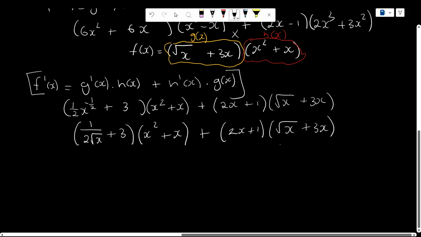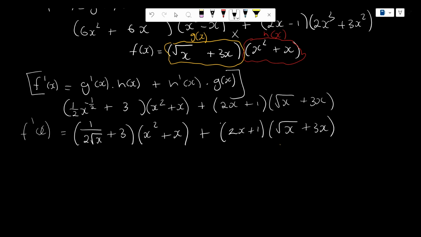So now you could expand afterwards, but you don't have to, because this is a differentiation, right? This is f prime x, unless they say simplify further. Then you have to open up the bracket and add the like terms.